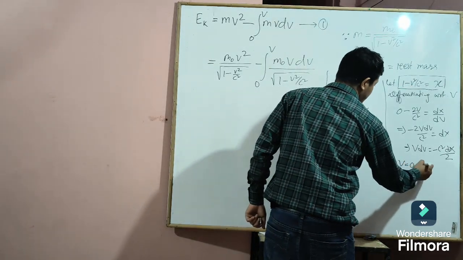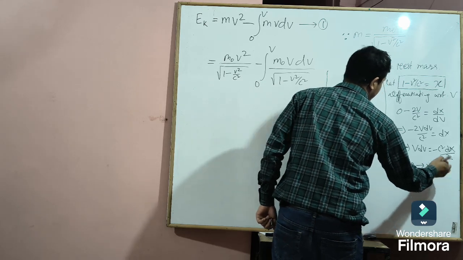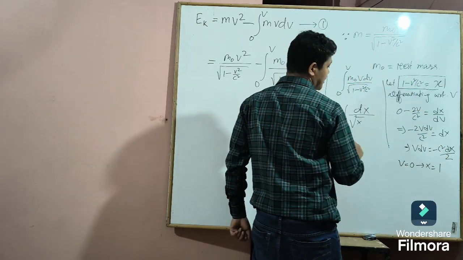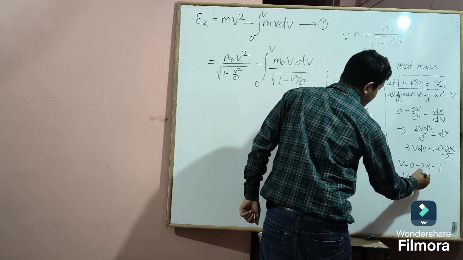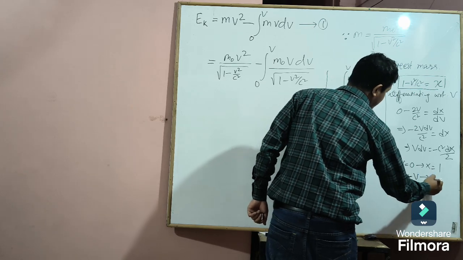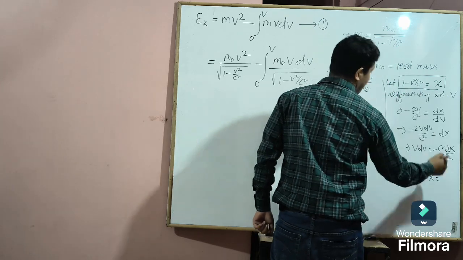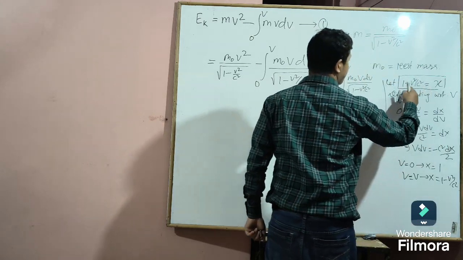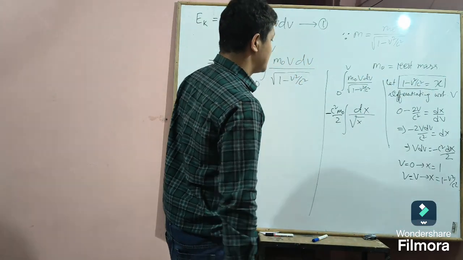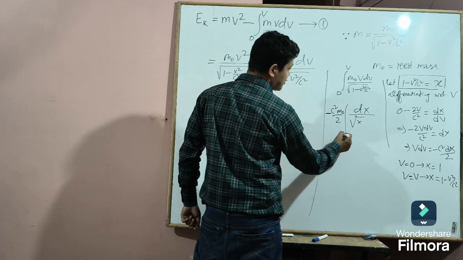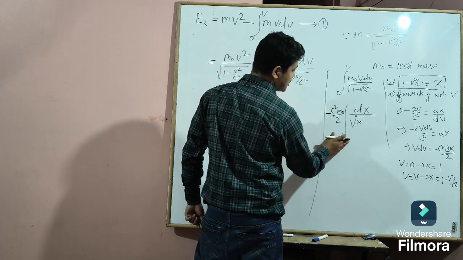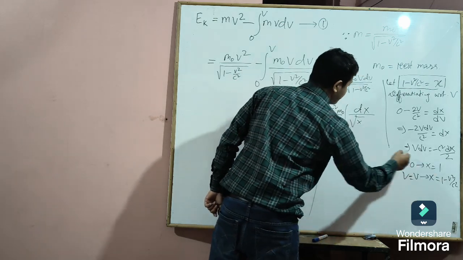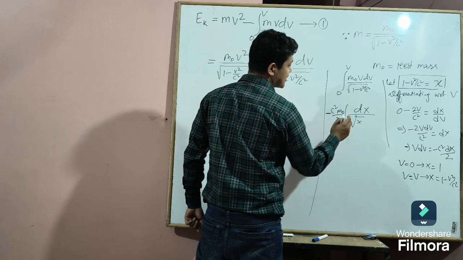For v is equal to 0, x is equal to 1. If you put 0 here, that's going to be 1. And for v is equal to v, this x is going to be equal to 1 minus v square by c square. That is what we have considered, right? So that's why this limit should be, instead of 0, we have to put 1, because now we have replaced this by x.